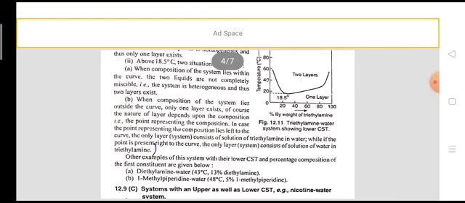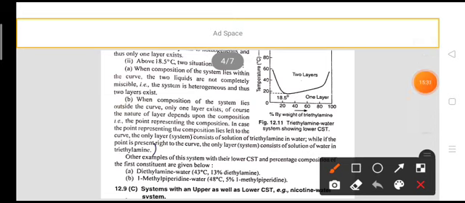Once again, I repeat: when the composition of the system lies outside the curve, only one layer exists, and its nature depends upon the point representing the composition.